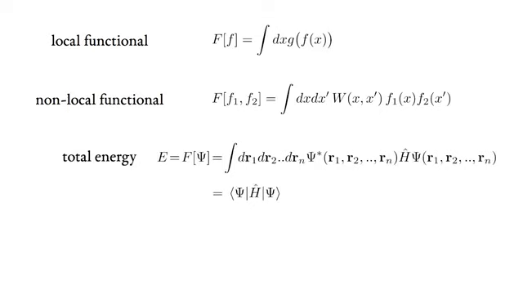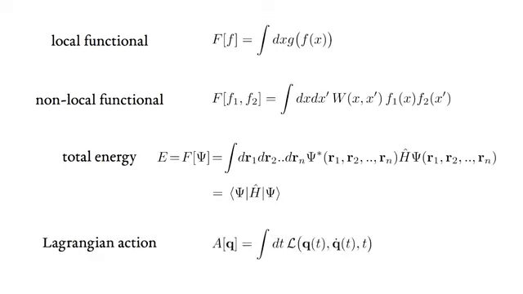Again, we associate a 3N-valued complex function to a real number, the energy. Finally, let me mention another class which will be of great importance. A functional defined via a function, here the Lagrangian, that depends not only on the function q, but also on its derivatives.